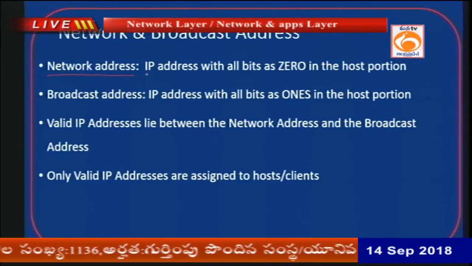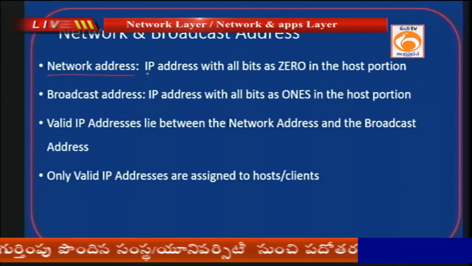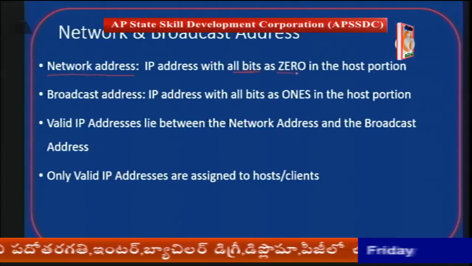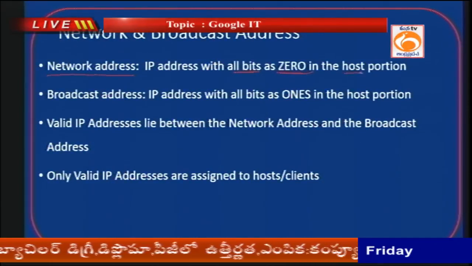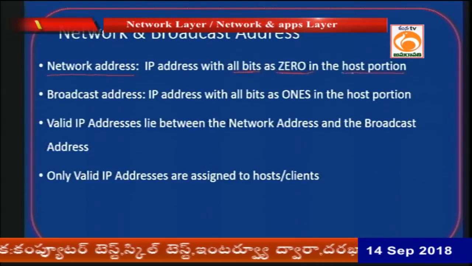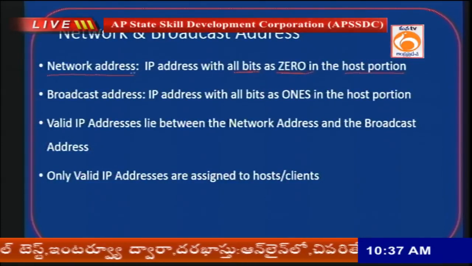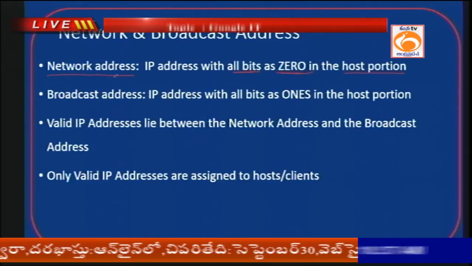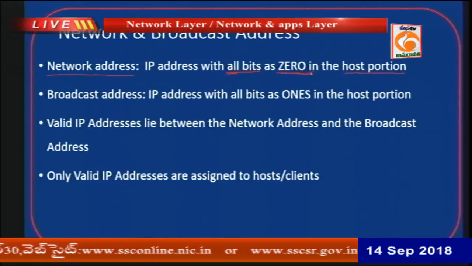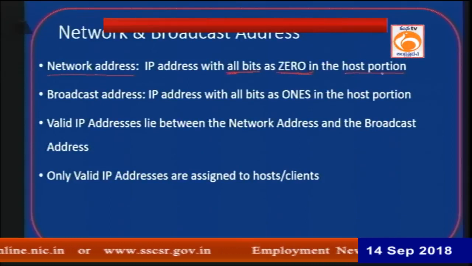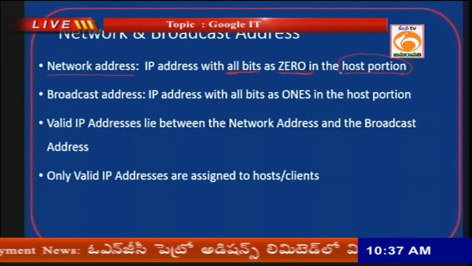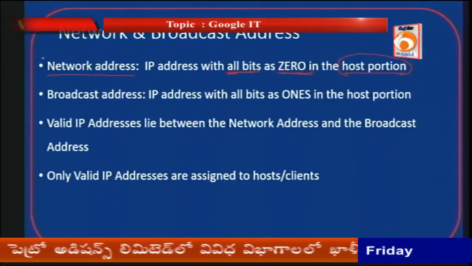In an IP address format, which we have just seen, if all the bits in the host portion are set to 0, remember there is N.H.H.H for class A, such addresses are called network addresses.